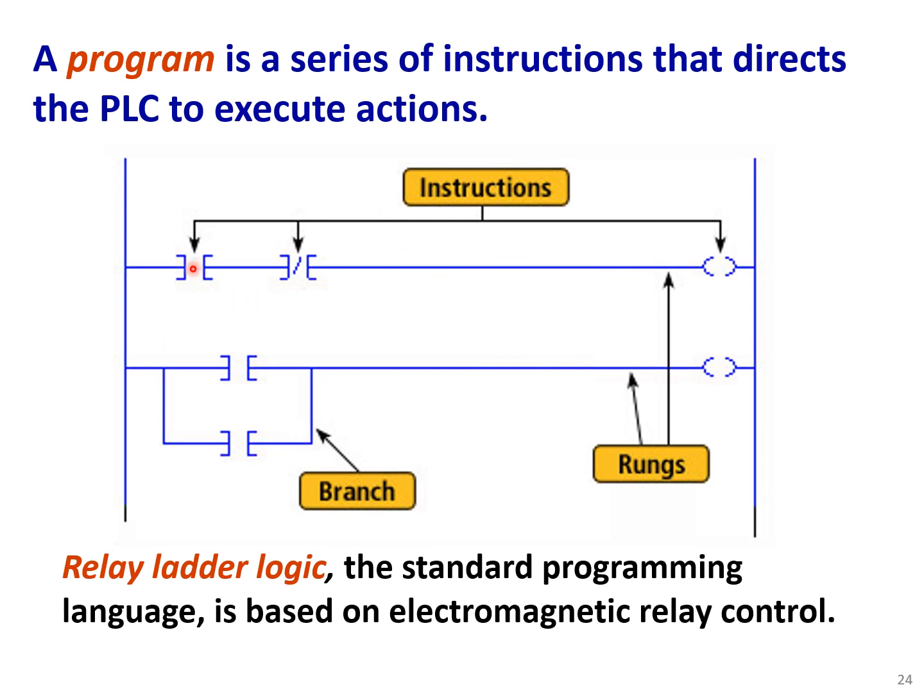So these are instructions. These are branches, and we call this one a rung. So we have two rungs here. On this rung, we have two branches. Here we have different types of instructions.